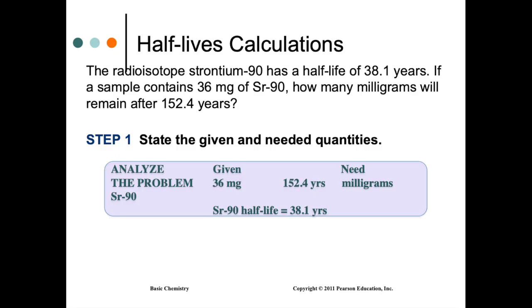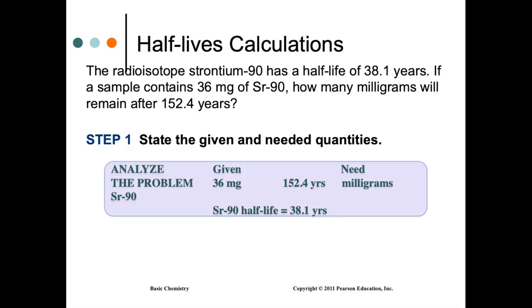The other type of problem you're going to get is kind of backwards. They give you the initial amount, they tell you how much is left, and you've got to figure out how many half-lives have passed.